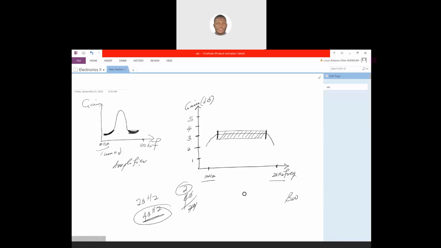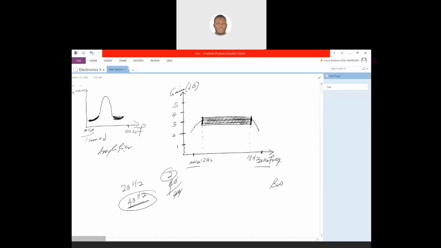So basically, for wideband amplifiers, the gain remains constant for a wide range of frequencies. So this section is termed the area where the gain remains constant. If we trace this down and this down, we might get about 12 hertz here and about 18 hertz here.